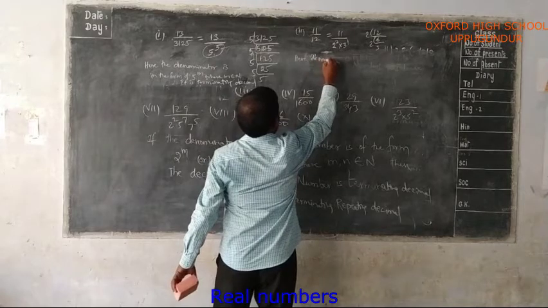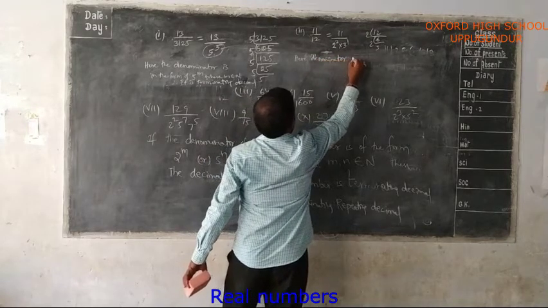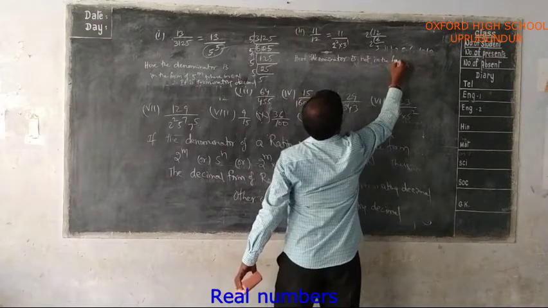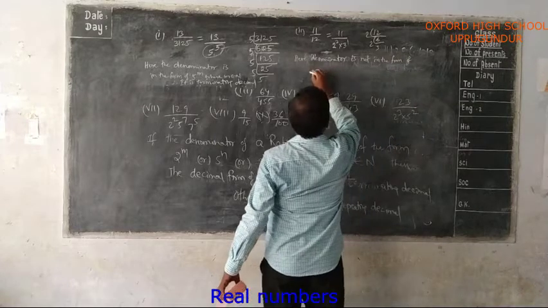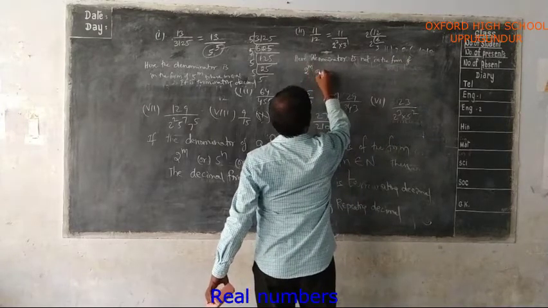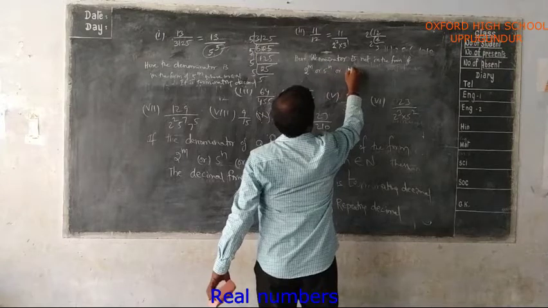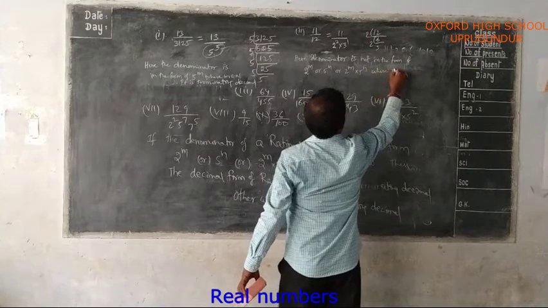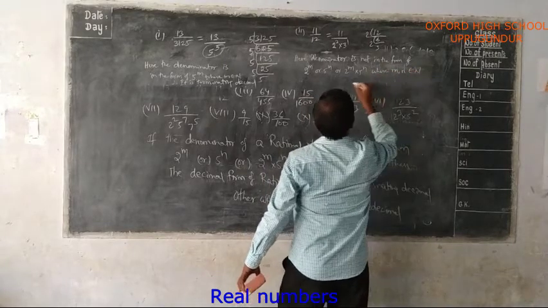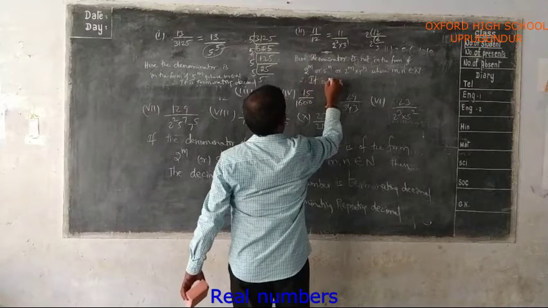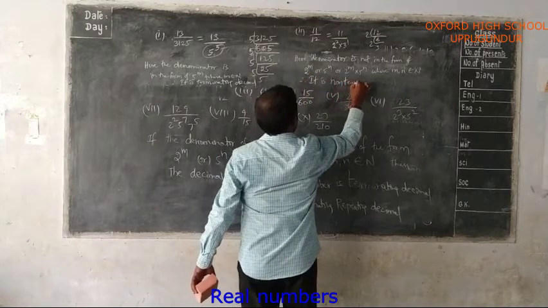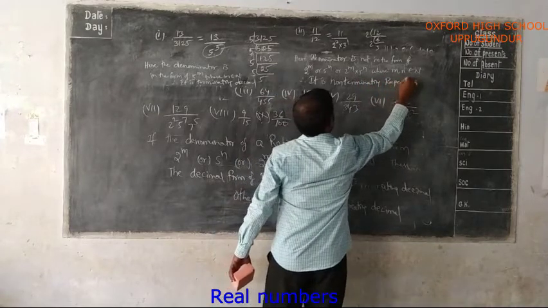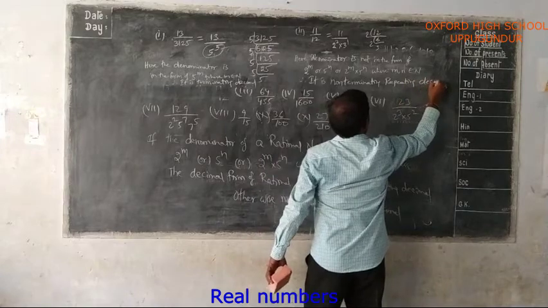the denominator is not in the form of 2 powers or 5 powers or 2 powers into 5 powers, where m, n belong to N. Therefore, it is a non-terminating repeating decimal.